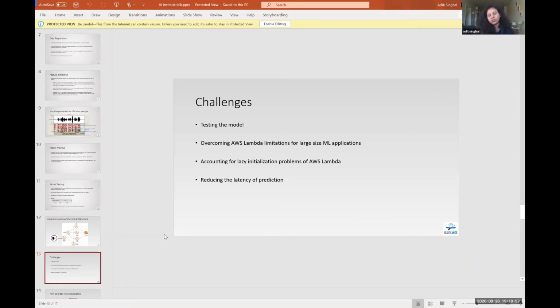The second challenge was, I'm not sure if everybody would be familiar with this, that AWS Lambda functions have size limitations. You can only deploy 2 GB of your model data, and including everything should be just 2 GB. For example, I used a package called Librosa to extract my features, but it's a very heavy Python package, which has dependencies on NumPy, Numba, and other packages.